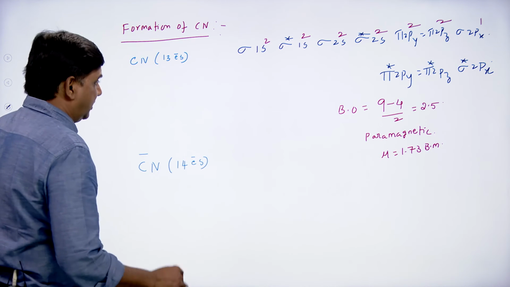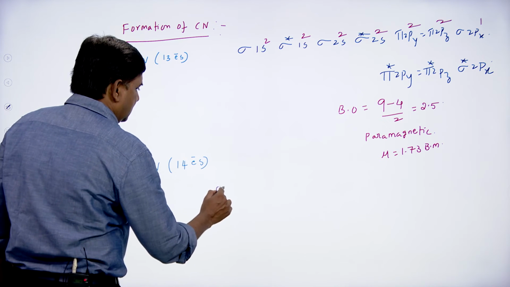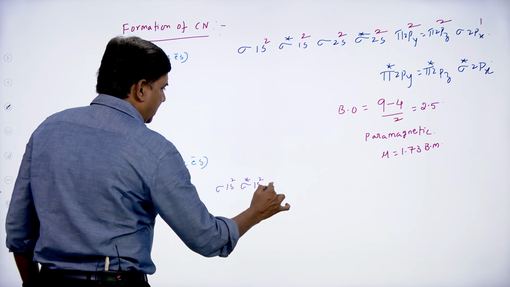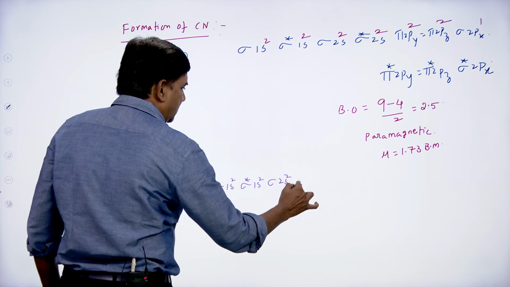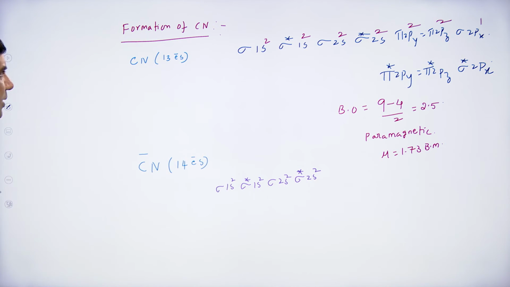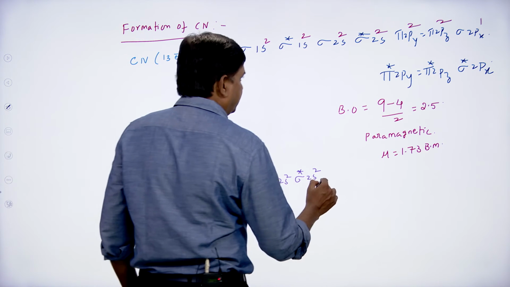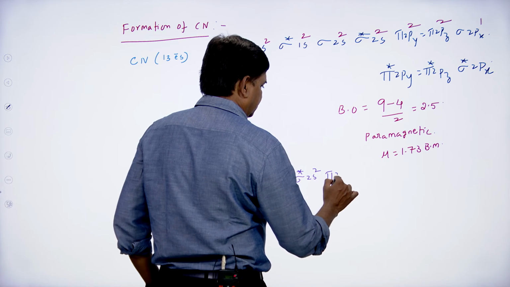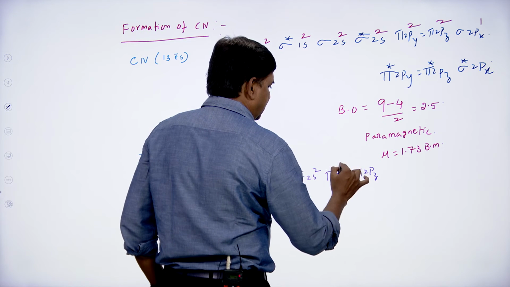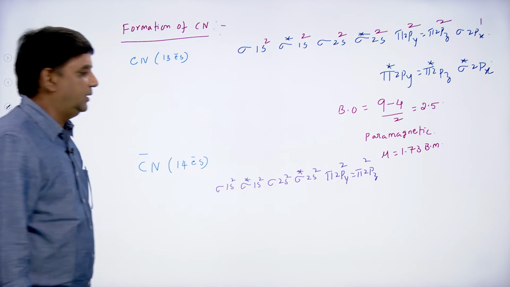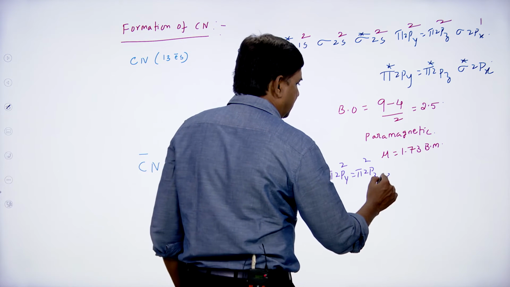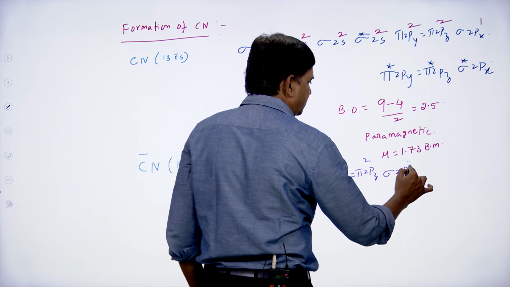So this becomes sigma 1s2, sigma star 1s2, sigma 2s2 and sigma star 2s2. 8 electrons completed. Pi 2py is equal to pi 2pz, 2 electrons, 2 electrons, 10 and 12. Then it becomes sigma 2px2.